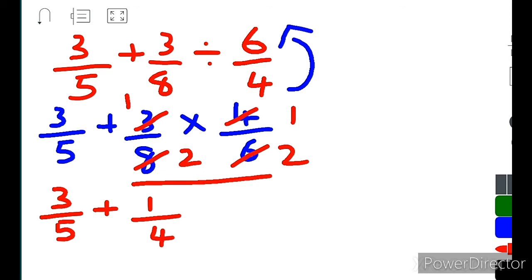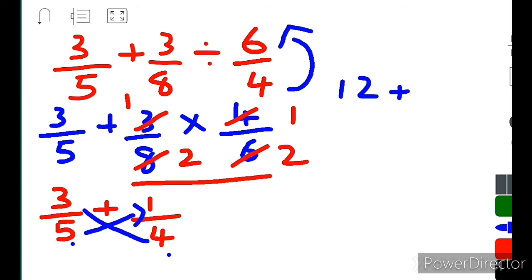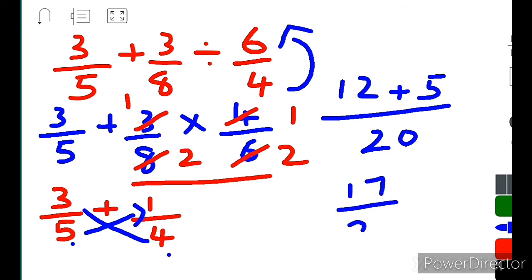Understanding? Now only the addition part is remaining, but the denominators are not the same, so we will cross multiply. Like we will multiply this 4 here and this 5 this side. Understanding, children? So 3 fours will become 12 plus 5 ones will become 5, upon 5 fours is 20. So your answer is 17 upon 20.